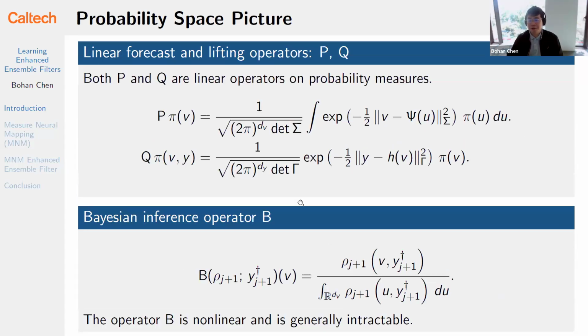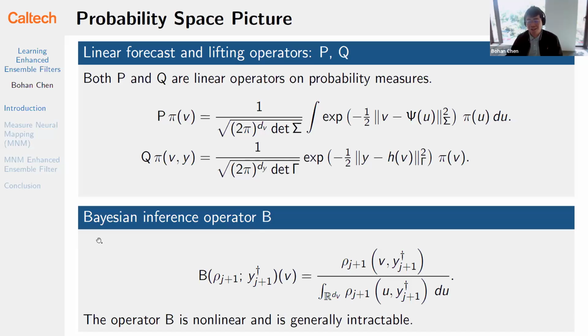Here, the 3 operators P, Q, and B are defined in this way. Firstly, we have a look at P and Q. They are linear operators, where linear is in terms of operators on probability measures, and we can write them explicitly in this way. And these two are easy to deal with.